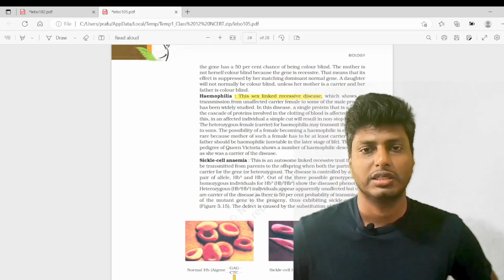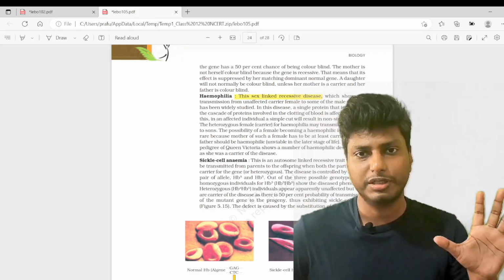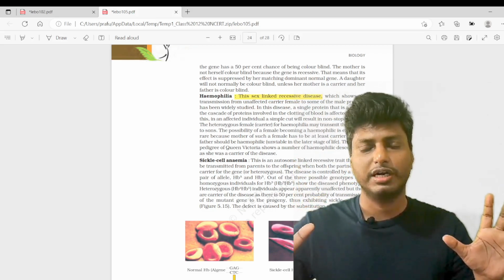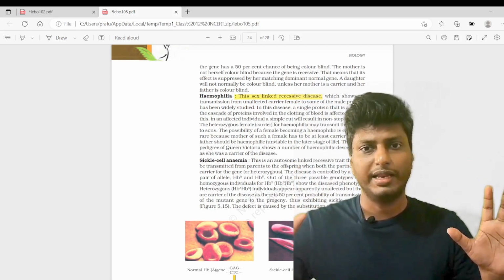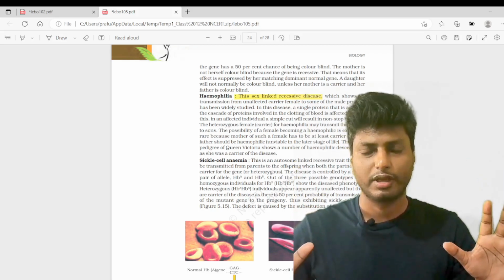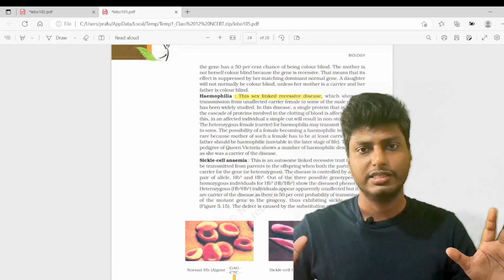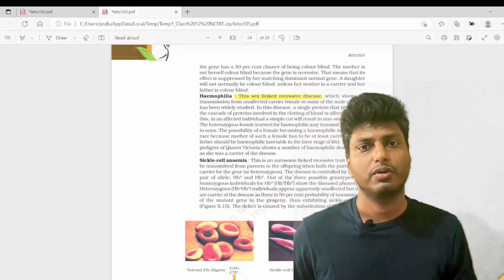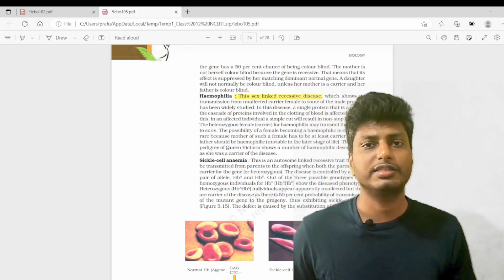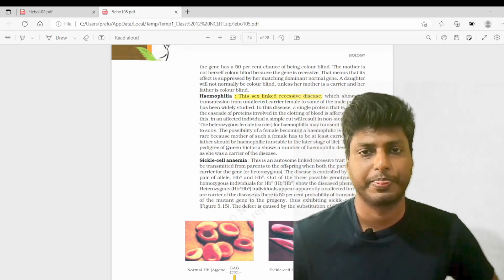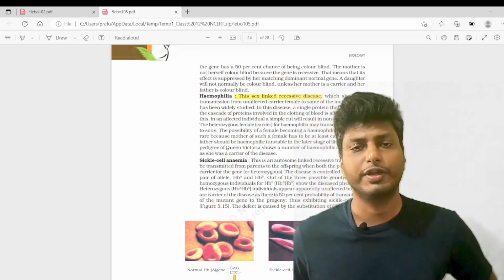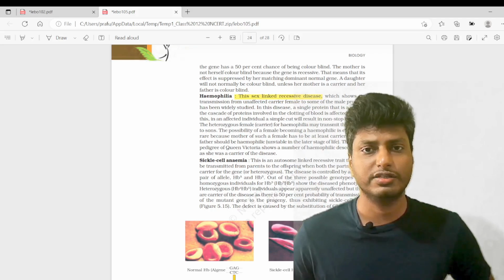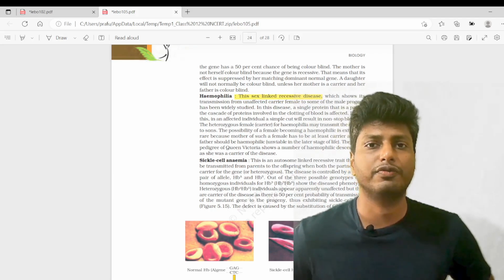Suppose a carrier mother marries a normal father. In that case, dear students, 50% of the male children will get one recessive gene from the mother. All those 50% of the males who get the recessive gene from the mother are going to suffer from hemophilia.